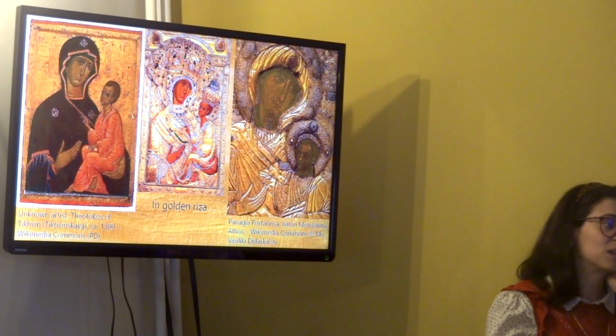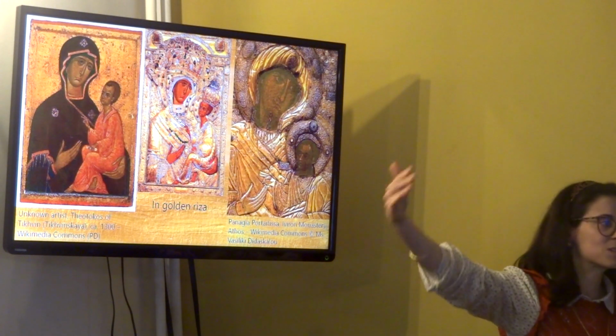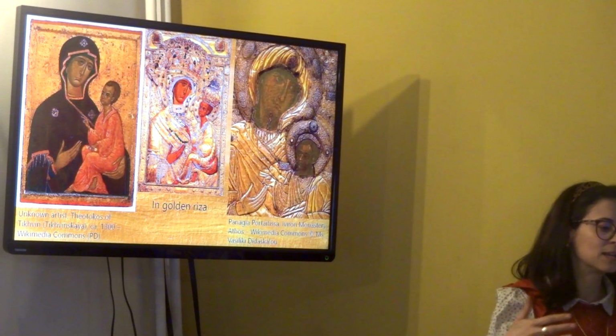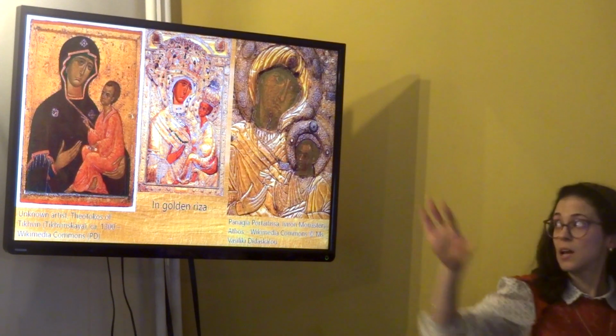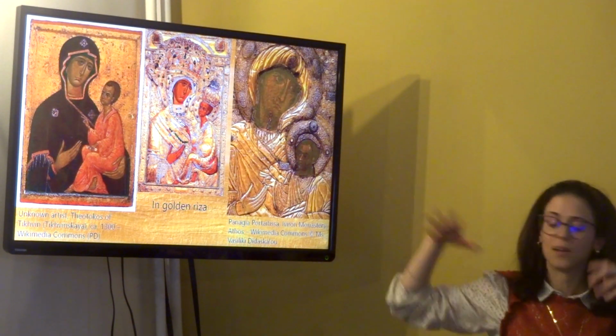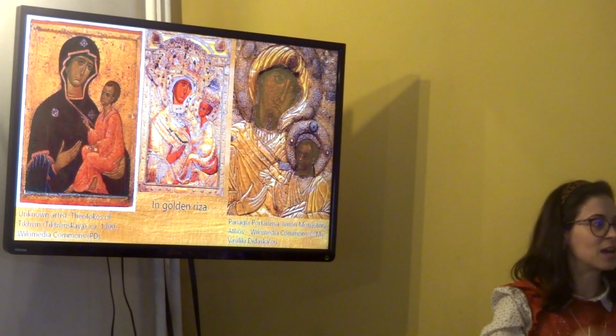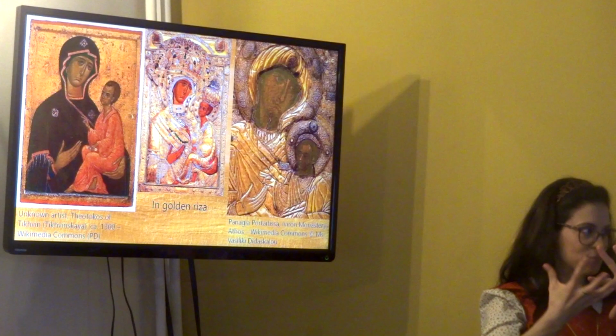It might be another subtype or Our Lady of somewhere, because there are so many types. Within the types, like with the Odigitria, you have so many from different places, and each one has a story, half legend, half true.